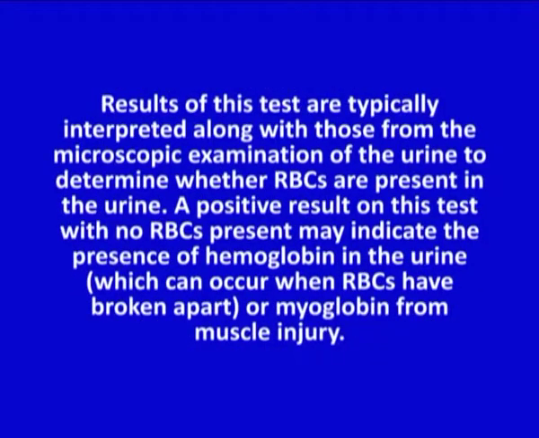Results of this test are typically interpreted along with those from the microscopic examination of the urine to determine whether RBCs are present in the urine. A positive result on this test with no RBCs present may indicate the presence of hemoglobin in the urine, which can occur when RBCs have broken apart, or myoglobin from muscle injury.